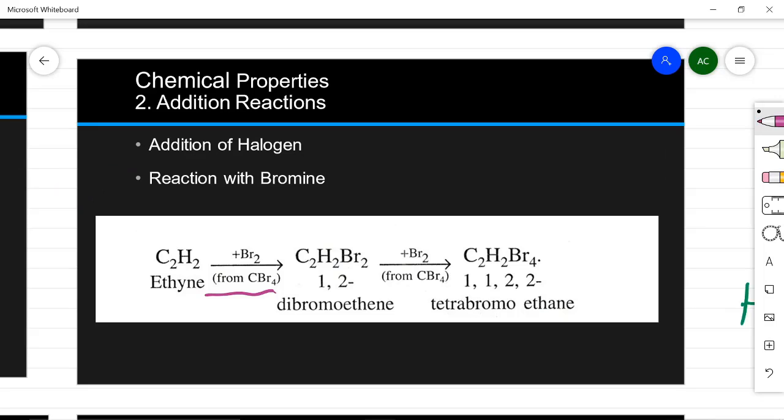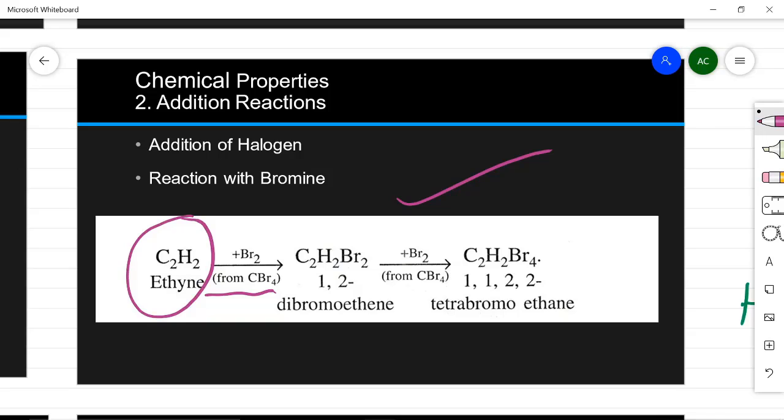So addition of halogen. Now here we'll see the reaction of bromine. Now this reaction is actually similar to the addition of bromine in alkenes, where we have studied that bromine is dissolved in carbon tetrachloride and its brown color disappears. So same thing will happen here. When bromine dissolved in carbon tetrachloride is added to ethyne, then what will happen?